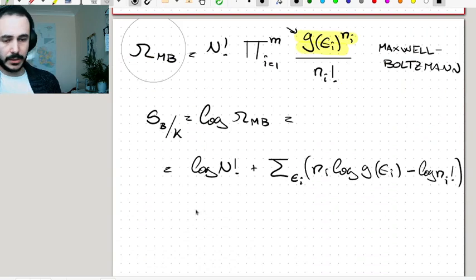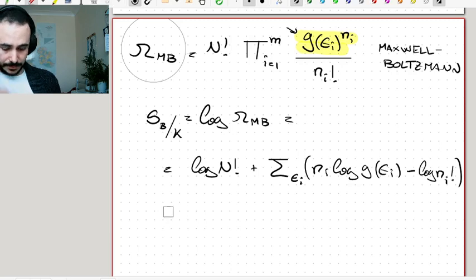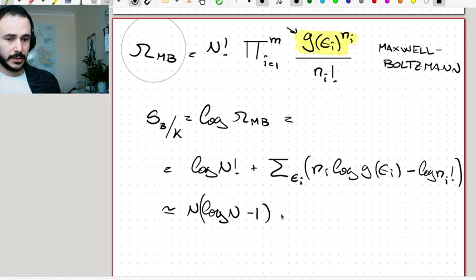Okay, so anyway, just like we did in the previous lecture, I'm going to assume that the number of particles having any specific energy is going to be very large. Okay, so I can apply Stirling's approximation, and this is quite well approximated by n log n minus 1 plus, and here we have the sum over all energies, and well, the first term really doesn't change, right?